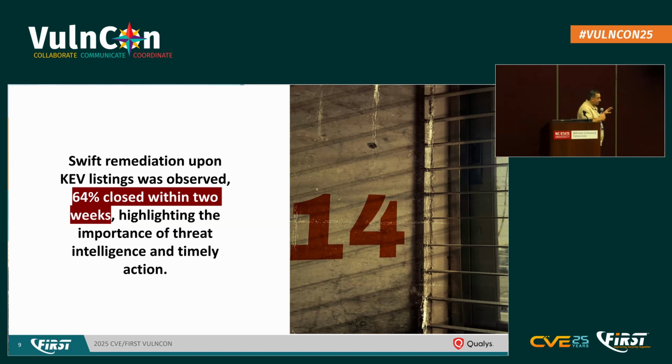The other point that I will show on a chart later is that normally 20% of vulnerabilities being added to CISA are fixed before CISA even added them to their KEV list, which means that there is a proactive approach and threat intelligence involved, and those teams are remediating them quickly.